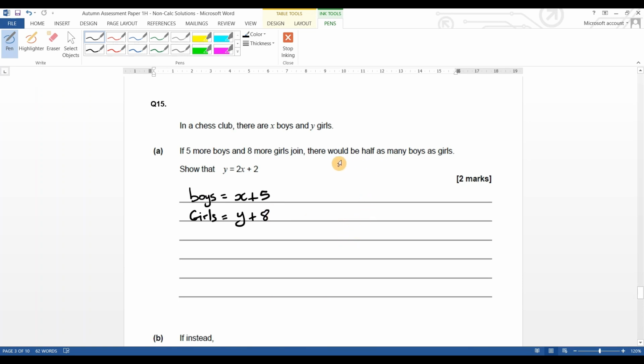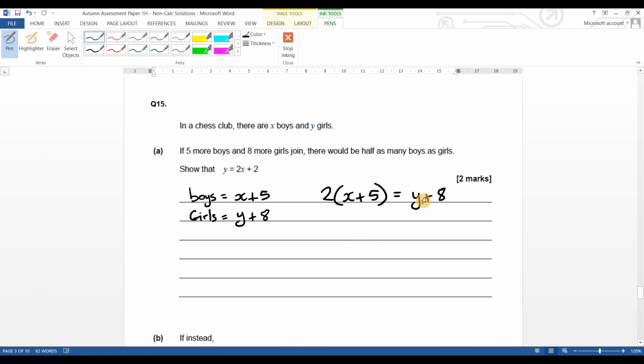There'll be half as many boys as girls. So we need, for them to be equal, you're going to have to double the number of boys. So twice as many boys should equal how many girls we've got.